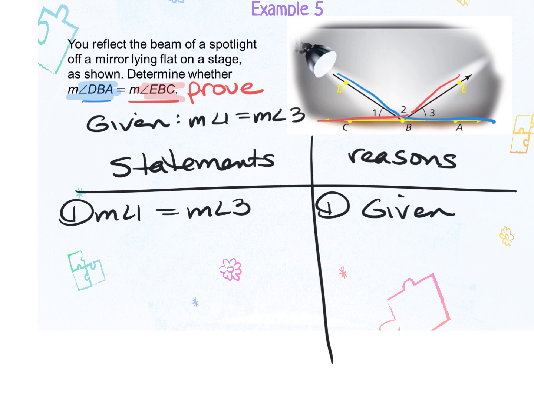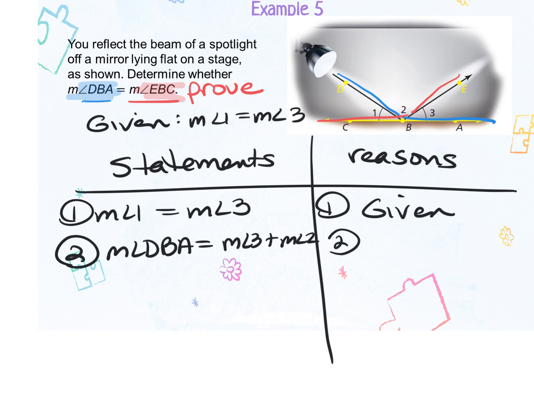So in order to get DBA into my proof here, I'm going to use my angle addition postulate and show what angle DBA is made up of. The measure of angle DBA is made up of adding angle 1, angle 2, and angle 3. So angle 3 plus angle 2 make up DBA.